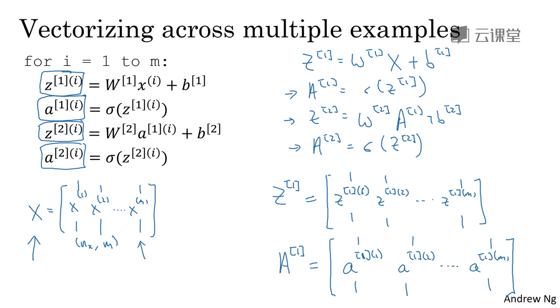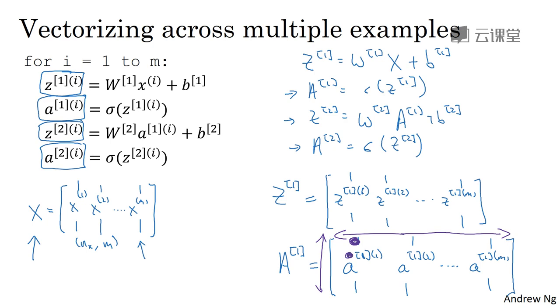One other property of this notation that might help you to think about it is that these matrices, say Z and A, horizontally we're going to index across training examples. So that's why the horizontal index corresponds to different training examples. And you sweep from left to right, you're scanning through the training set. And vertically, this vertical index corresponds to different nodes in the neural network. So, for example, this value at the top leftmost corner of the matrix corresponds to the activation of the first hidden unit on the first training example.